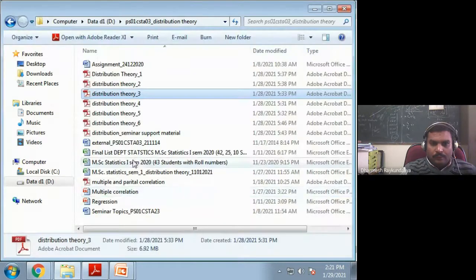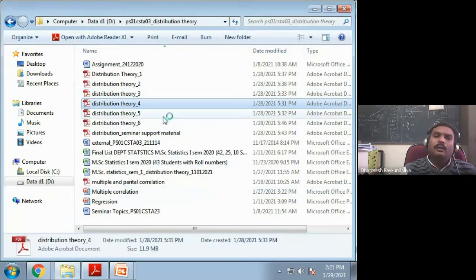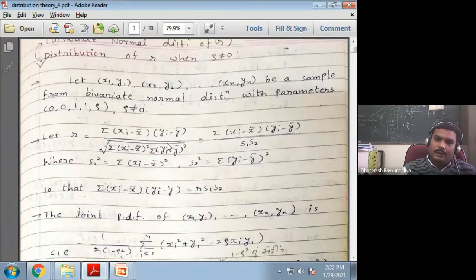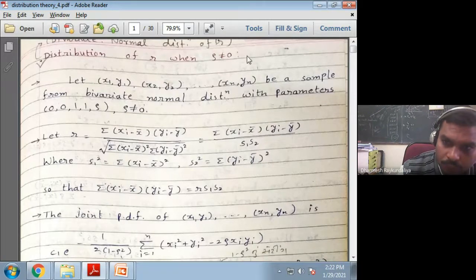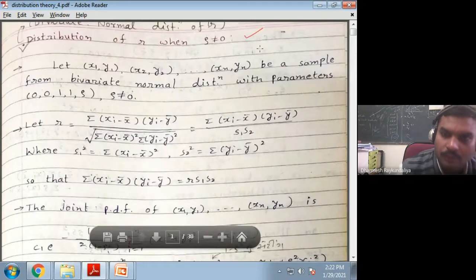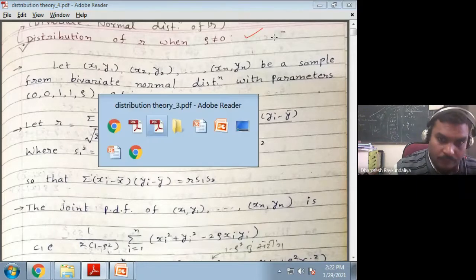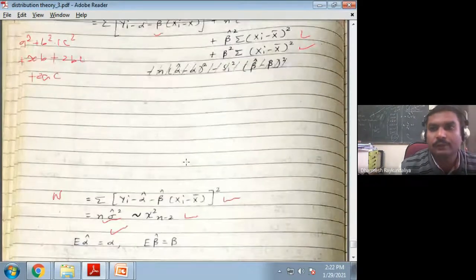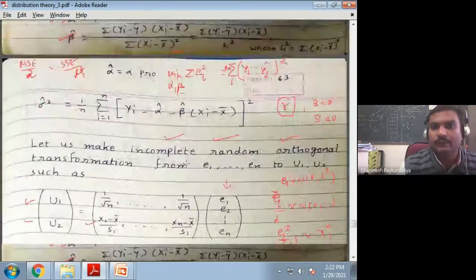Now we will derive the distribution of the correlation coefficient when rho is not equal to 0. Earlier we obtained the distribution of the correlation coefficient when rho is 0.